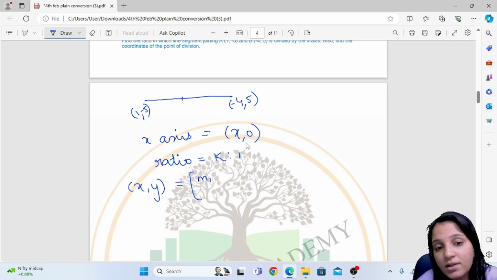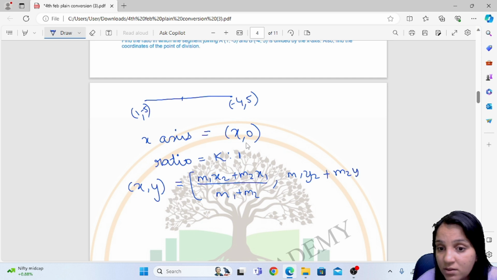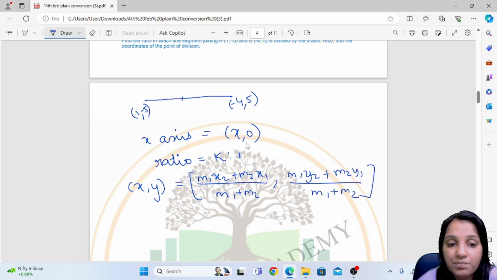Now I'll write the formula and we'll find. m1 x2 plus m2 x1 upon m1 plus m2 comma m1 y2 plus m2 y1 upon m1 plus m2.